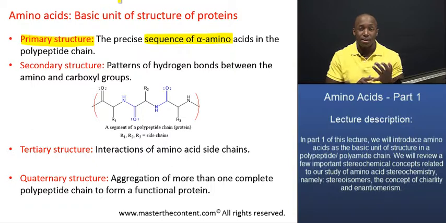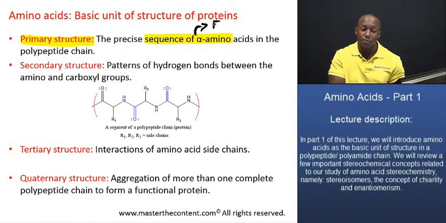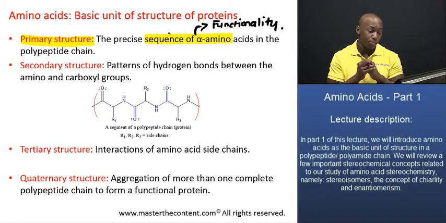It can make it inactive, make it do the wrong thing, or make it not work at all. So the primary structure is of fundamental importance because that specific sequence of amino acids is very important to the functionality of the protein as a whole. So primary structure, really important.